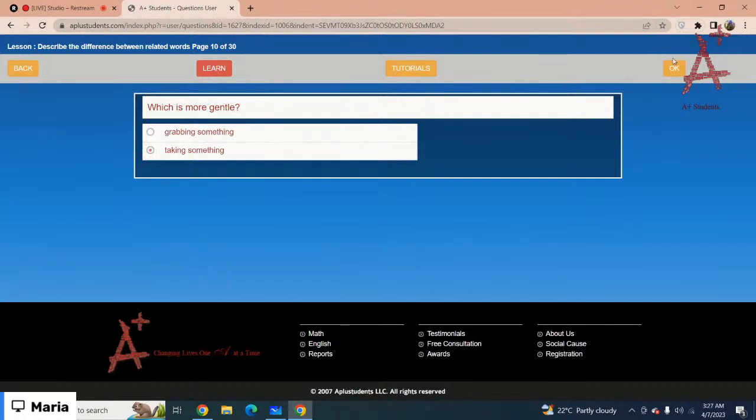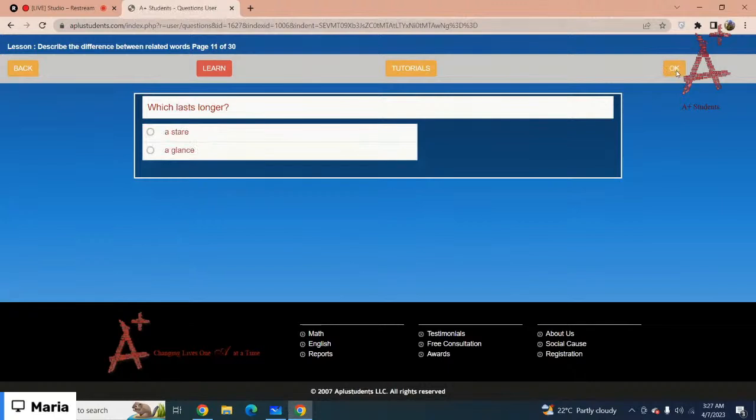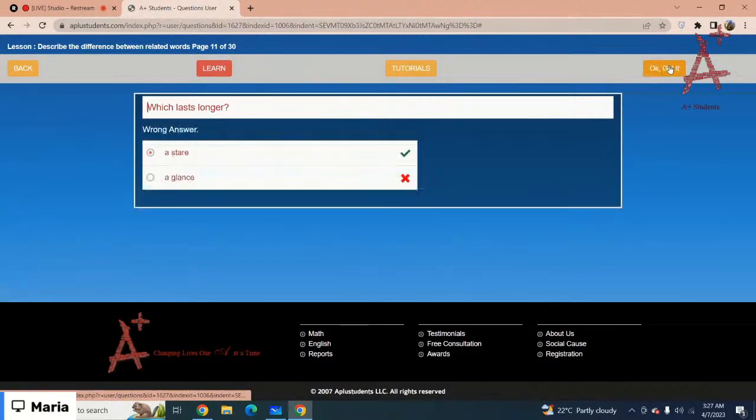Got it? Grabbing is not the gentle. Which lasts longer, a stare or a glance? It would be a glance, I think, longer, not the stare. A glance is longer. Oh, it is a stare. Sorry.